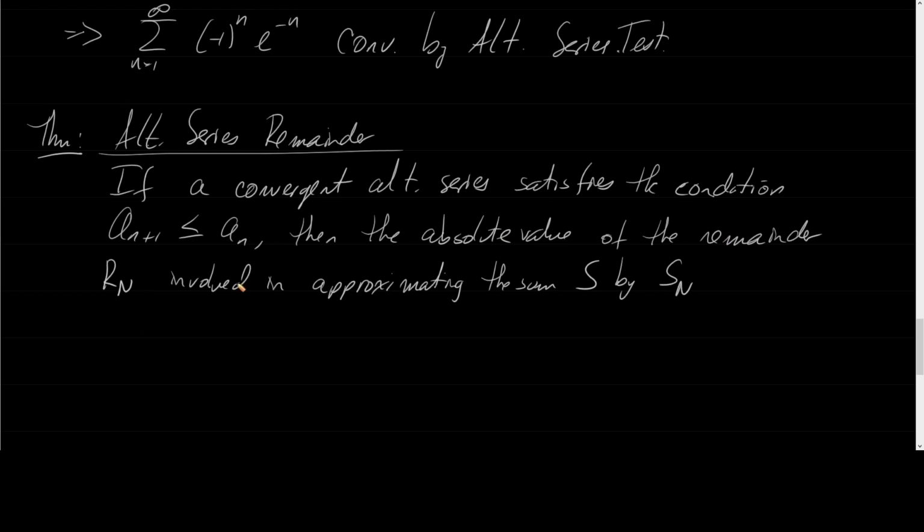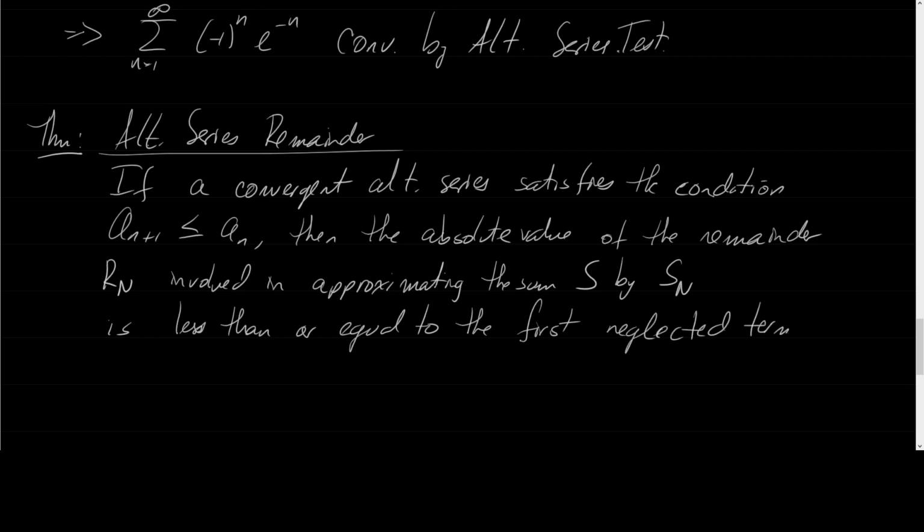So the absolute value of the remainder involved in approximating that is less than or equal to the first neglected term. All right. What am I saying here?